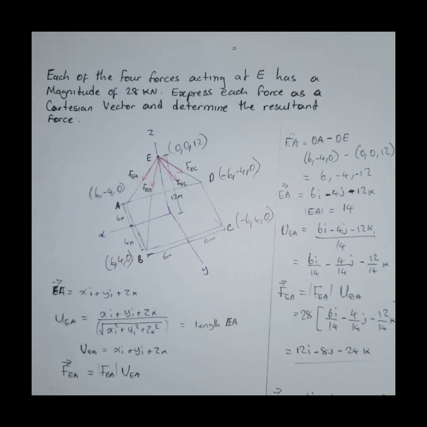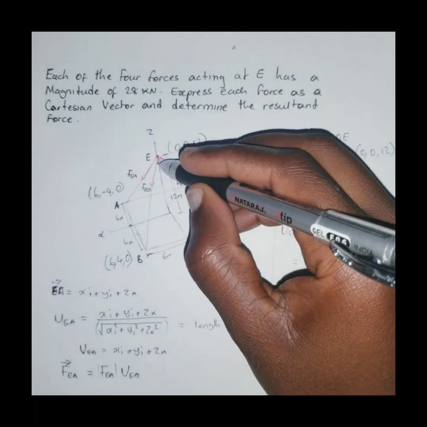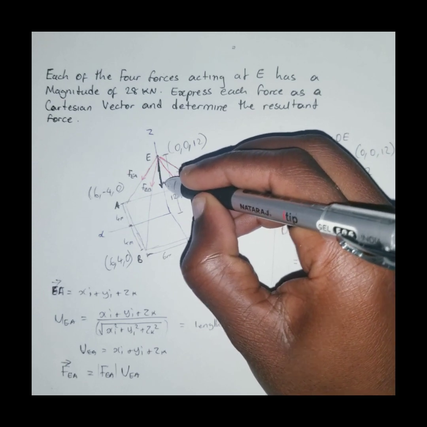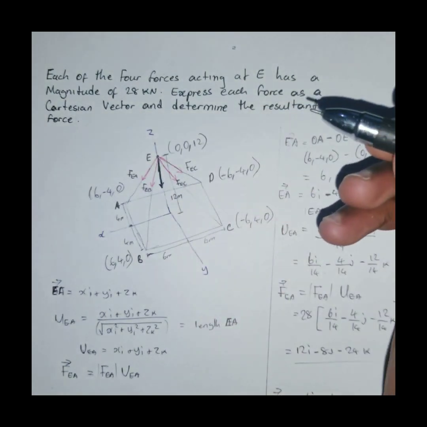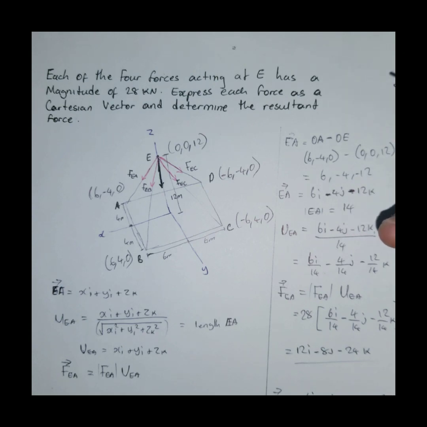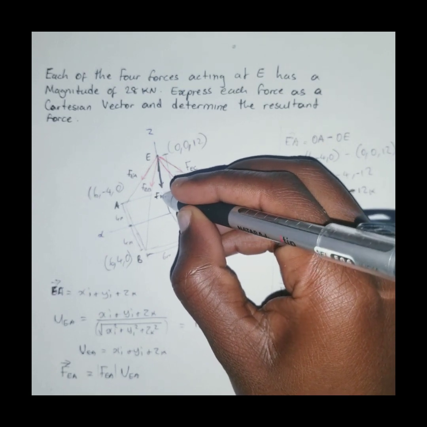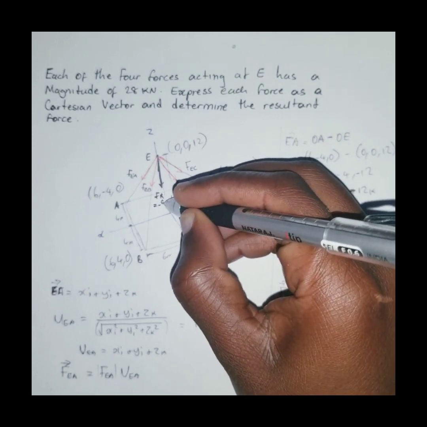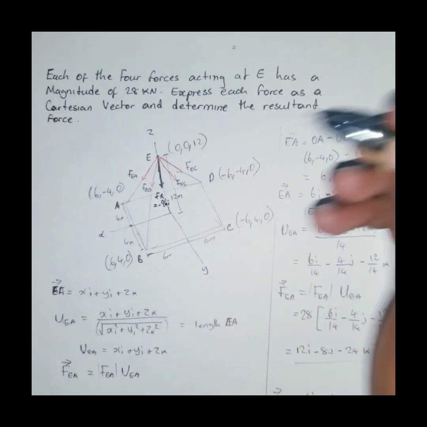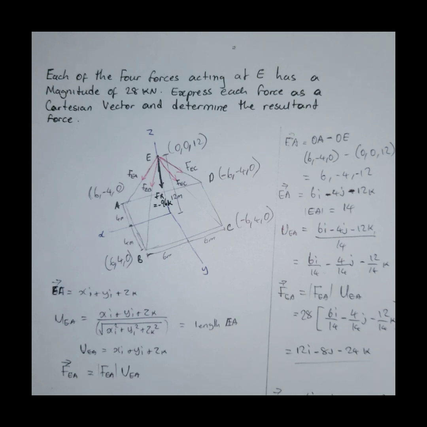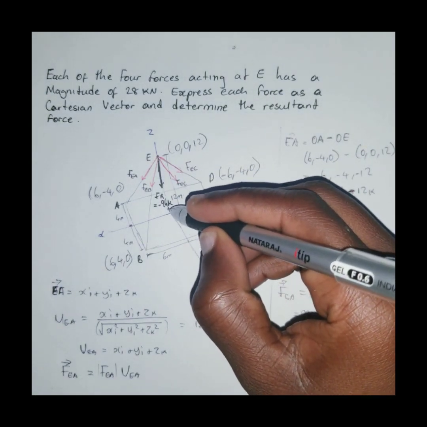So what does this mean? Well, getting back to our initial diagram, we notice that the resultant force will simply be a force acting directly along the z-axis in the negative direction, because we found that our resultant force is negative 96k in Cartesian vector form, whose magnitude is 96.